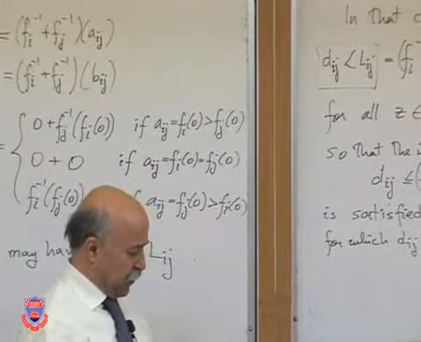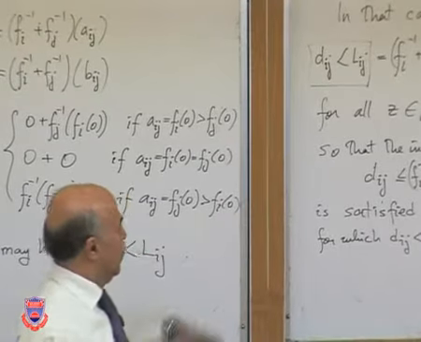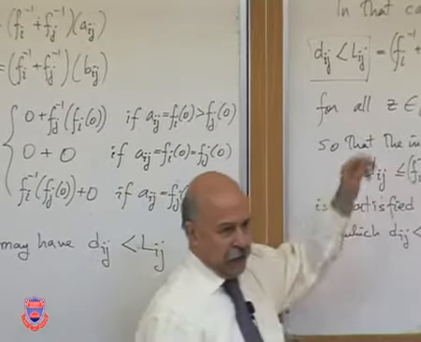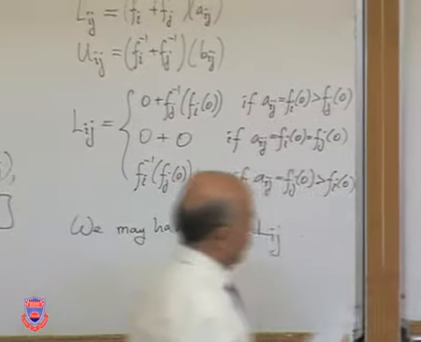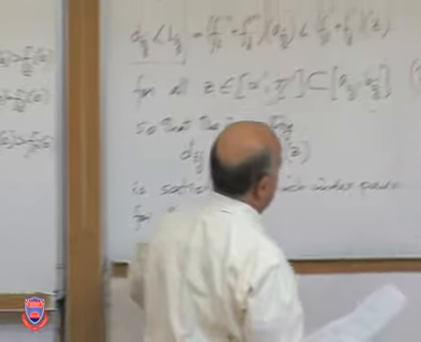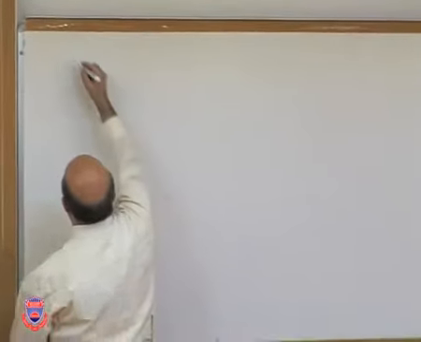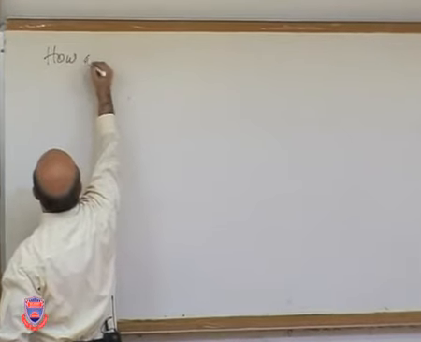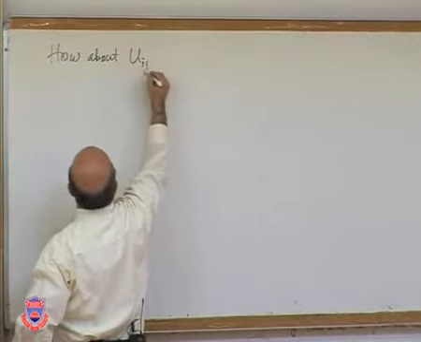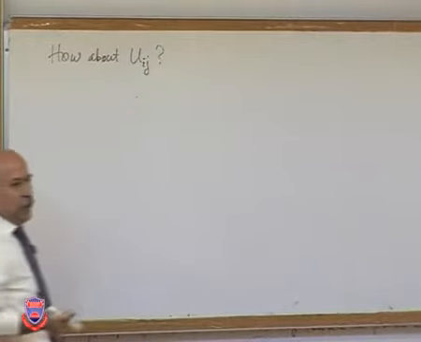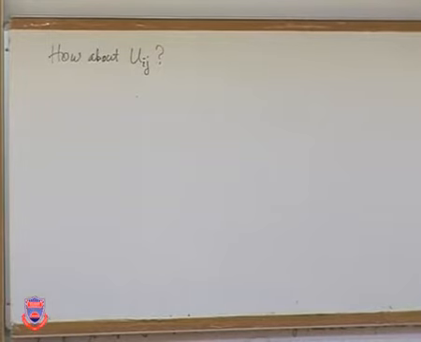Now, before I proceed any further, I'm going to focus on P3 as far as the lower bounds or Lij's are concerned. What about the Uij's, though? The question is, is Dij always less or equal Uij?